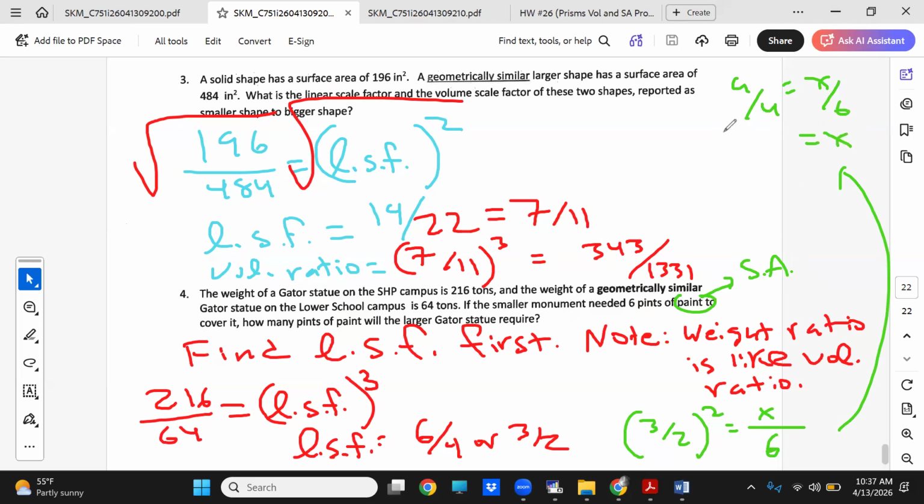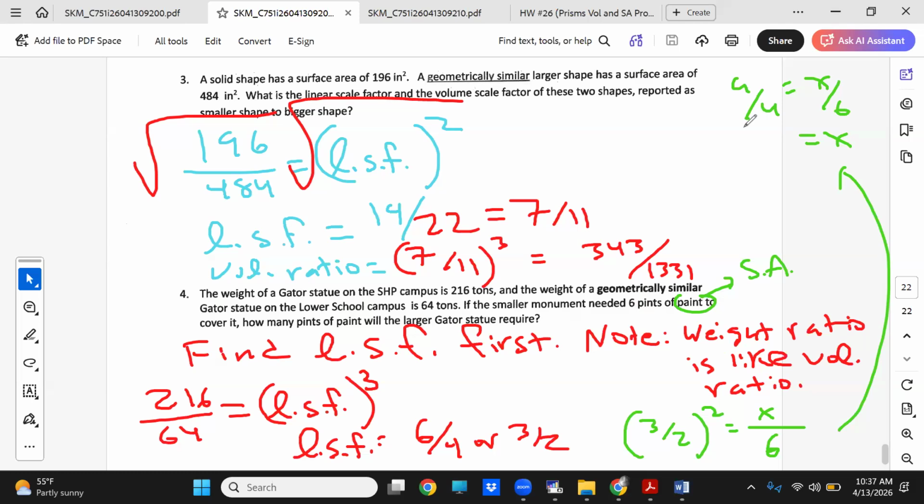When you're comparing the pints of paint that you put, that's only surface area. And the ratio of area is always a square of the linear scale factor, as we established on the previous page. Whenever you're comparing area, you have to square the linear scale factor.